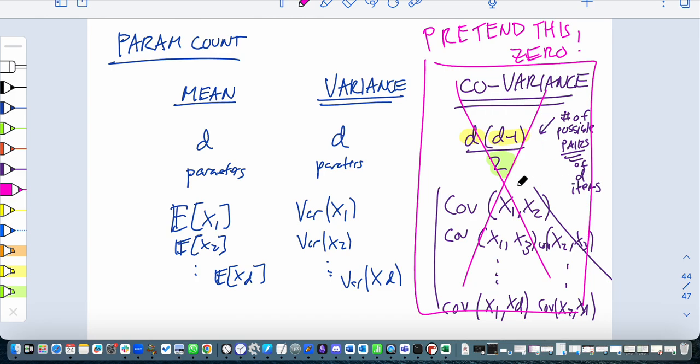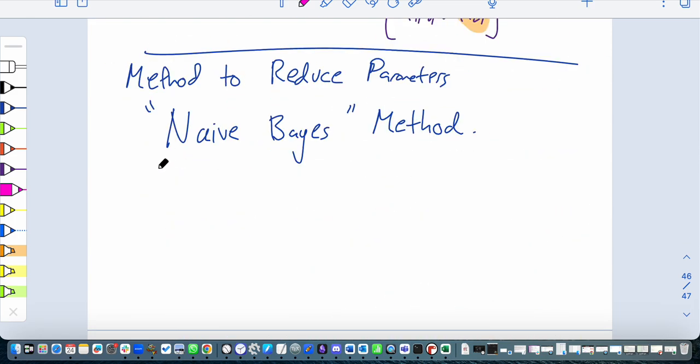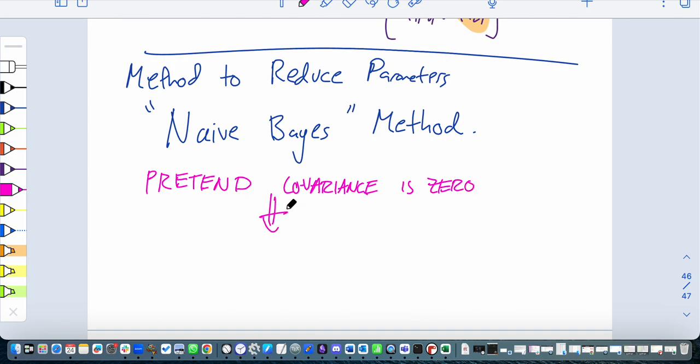The justification of why this kind of makes sense is that we're pretending the covariance is 0, and when you pretend that the covariance is 0, that is pretending that the individual features are independent.